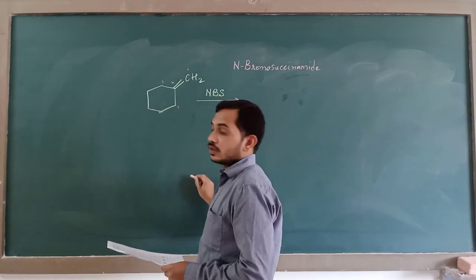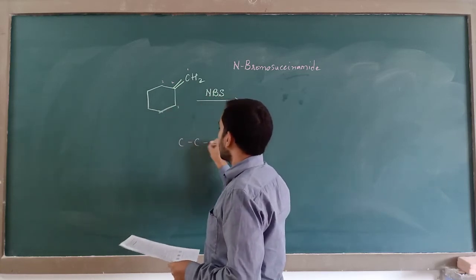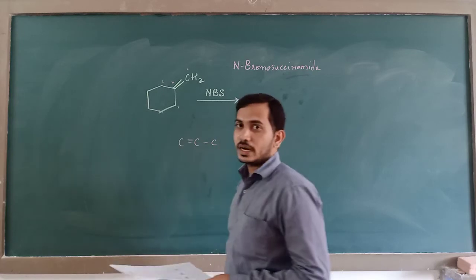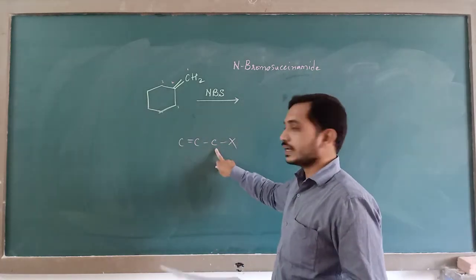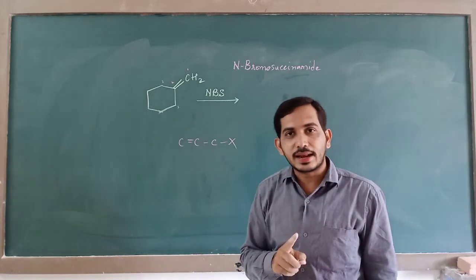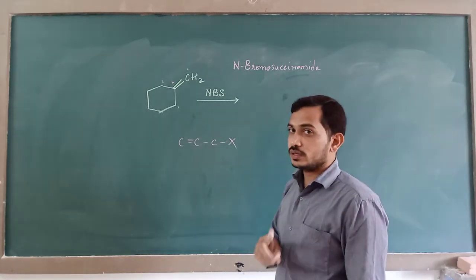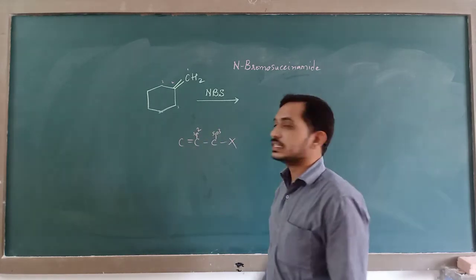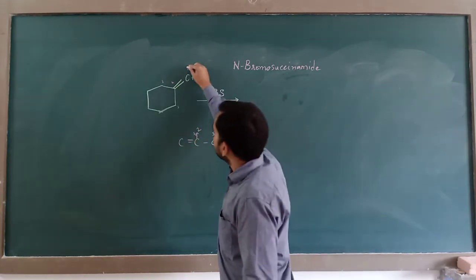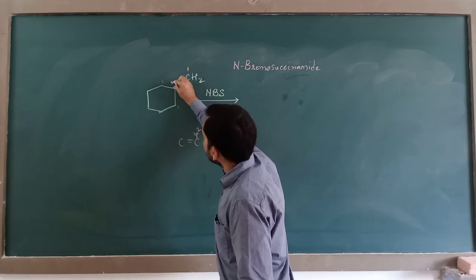Understood? So allyl means 3 carbons, out of which one is involved in a double bond and then next is in single bond and a halogen is attached to it. By definition, what is an allylic halide? Allylic halides are those in which halogen is attached to sp3 carbon next to sp2 hybridized carbon. So if I am counting from here, this is first carbon, this is second carbon.